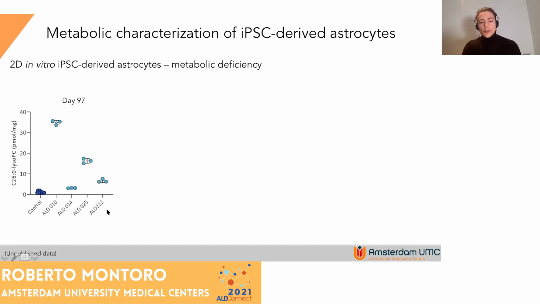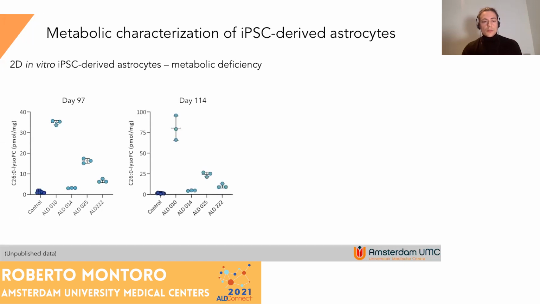These are 4 different ALD lines, so 4 different ALD astrocytes in this case. And as you can see, compared to controls, all of them accumulate more fatty acids. And if we keep them longer in culture, please be aware of the difference in the y-axis, this accumulation increases through time.